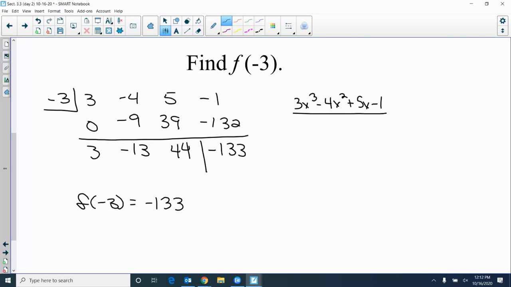Divided by x plus 3 is equal to 3x squared minus 13x plus 44 plus -133 over x plus 3. So when you're dividing and you test this, you get this answer, then I also know that's the same as plugging in that value. Okay, so that is your remainder theorem.